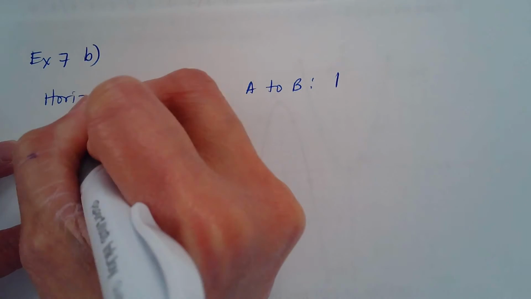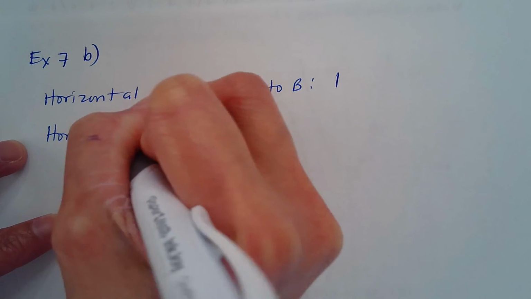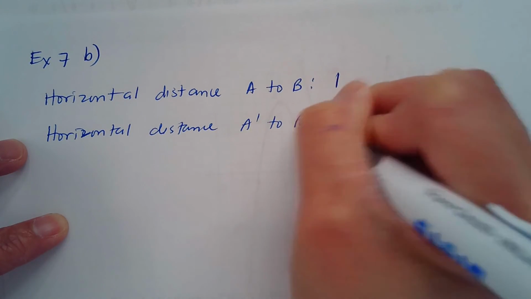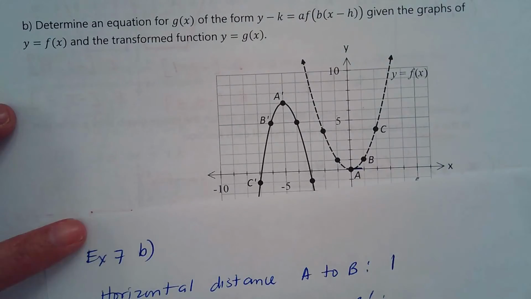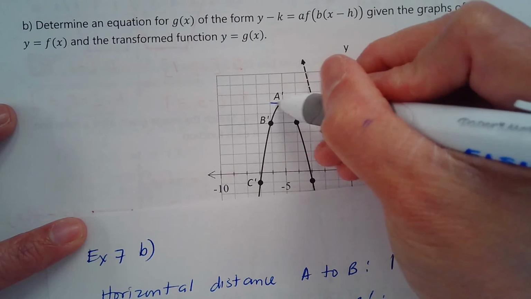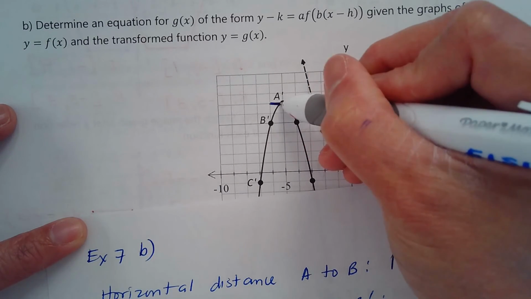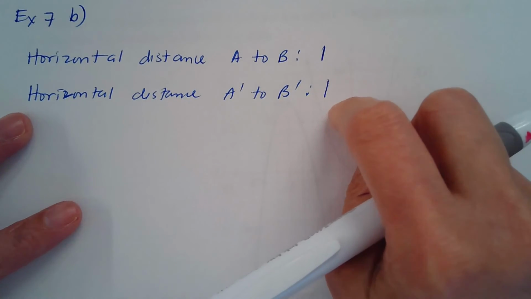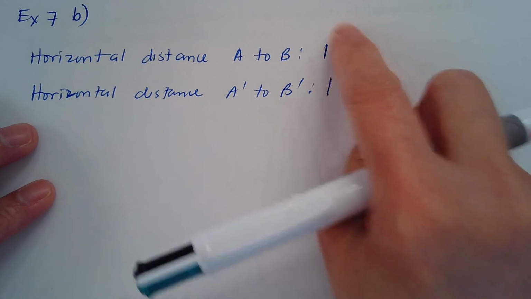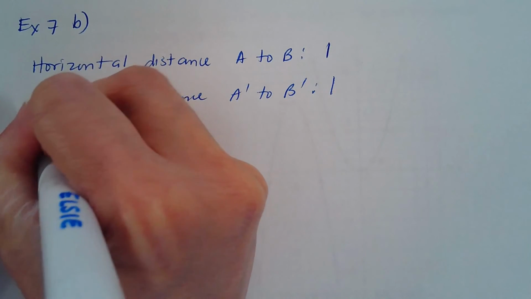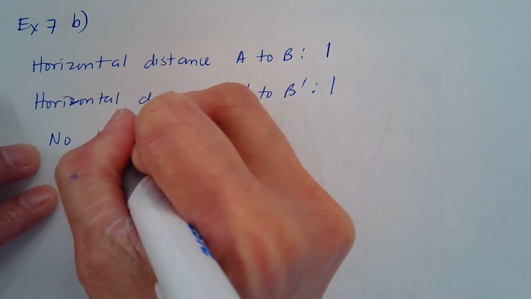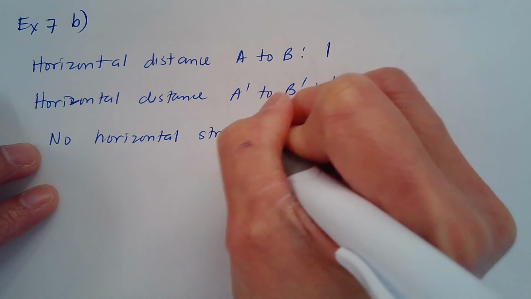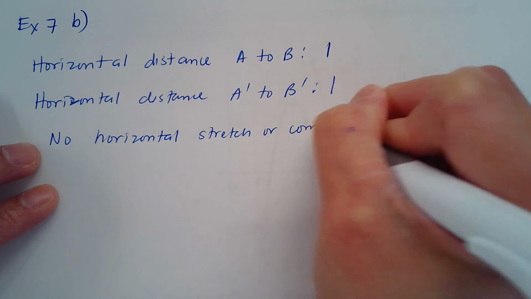What's the horizontal distance from A prime to B prime? Horizontal distance from A prime to B prime, that's also 1. Yeah, so 1 and 1, nothing changed, no change. So therefore, no horizontal stretching or compression.